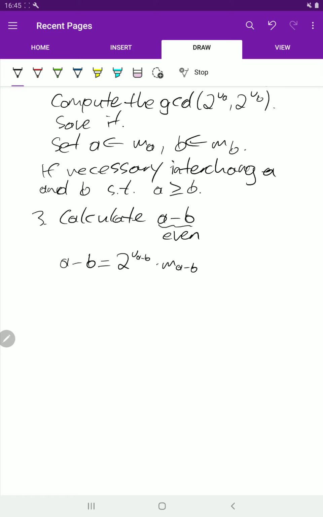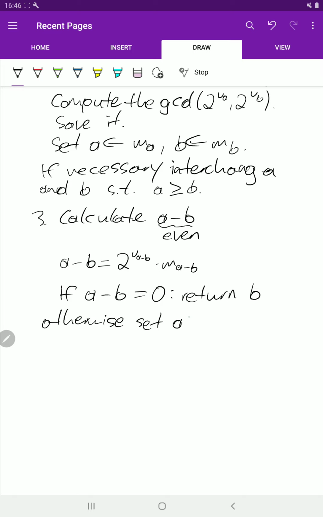And now we set a to be... at first we check that if a minus b is 0, then we just return b. Otherwise, we set a to be m_(a−b).